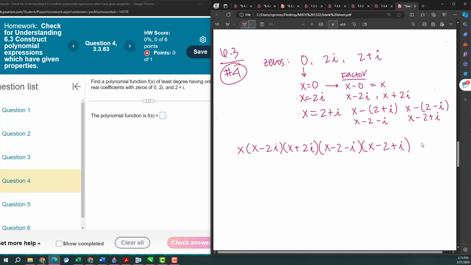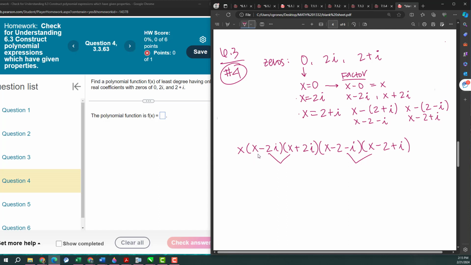So we need to multiply all these. I will tell you that you should multiply the conjugates together because some of the stuff is going to cancel out and it'll make it easier for you. So let's do this first one.